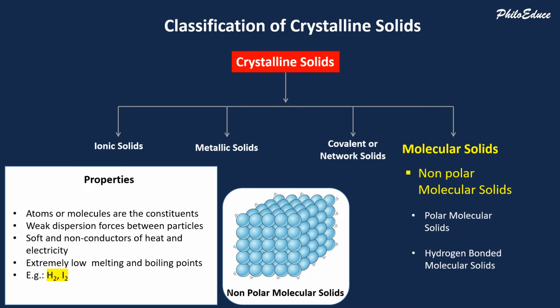So one hydrogen molecule is totally independent from the other molecule. So it is very difficult to make a solid of them. That means we need very low temperature for their solid existence. That's why their melting point is very low.